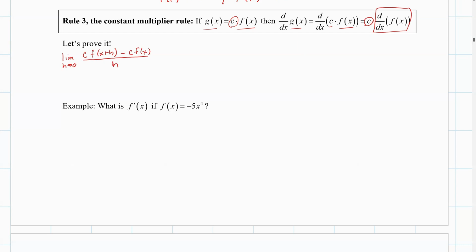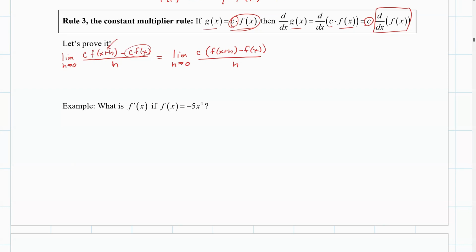Okay, so I just use this definition, and that definition shows up here, and then that definition evaluated at x plus h is right there. Well, what I see is that both of the terms in the numerator have a c. So how about I just factor that out? I can do that. Can I? I didn't break any laws of algebra there.